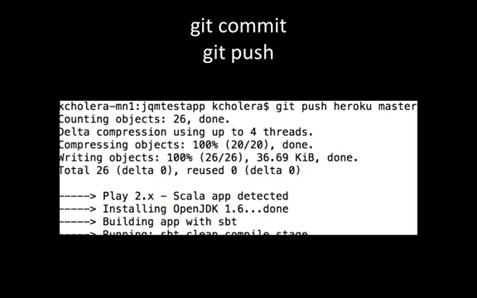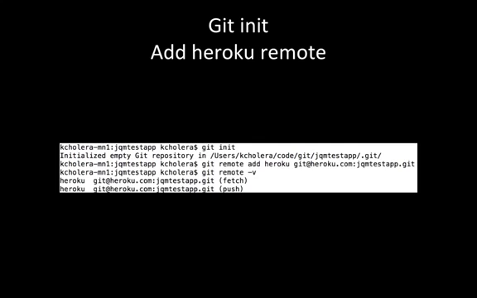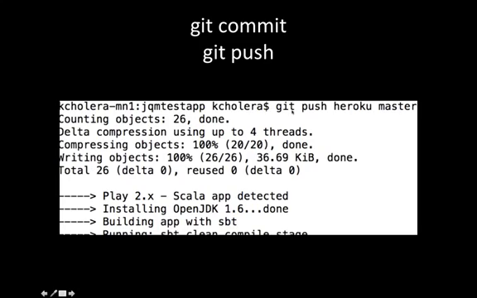So the next step is to commit all of your code and then push. So you do git commit -a -m, and then you give a test message, and then you push all of your changes, git push to Heroku, because we created Heroku as our remote here. So now we're going to do a push on Heroku. So git push heroku master, which is basically saying from my local copy, push everything to Heroku.com.